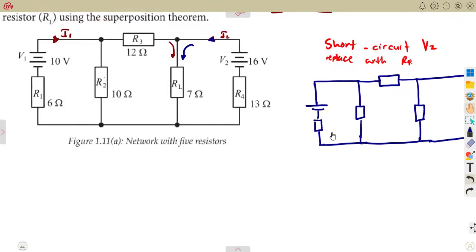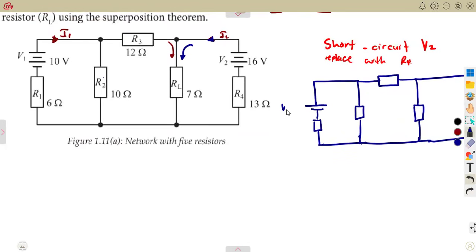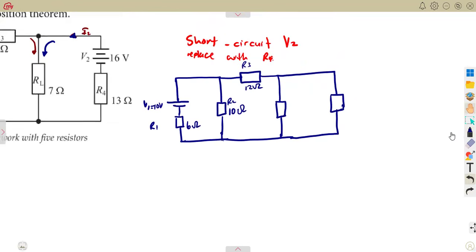All right, so let us just see what we have. That's our V1, 10 volts. This is our R1, guys, which is 6 ohms, 10 ohms for R2. And we have got our R3, which is 12 ohms. Our load resistor is here, the 7-ohm resistor.